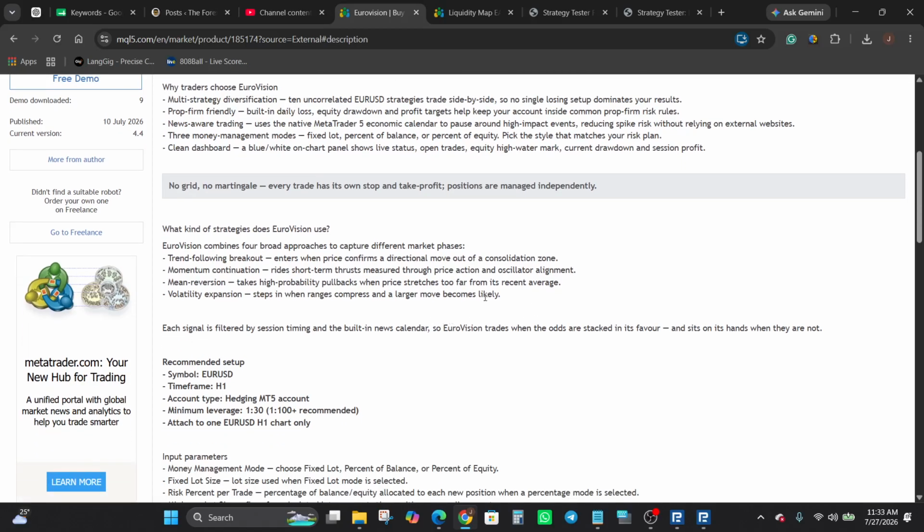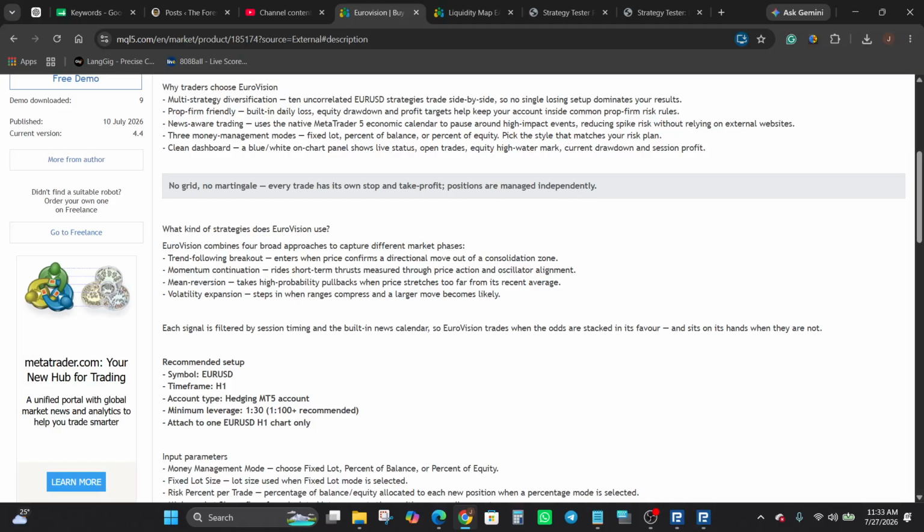And there is a dashboard showing live status, open trades, equity high watermark, current drawdown, and session profit. The page is also explicit that there is no grid and no martingale. Every trade carries its own stop loss and take profit and is managed independently.